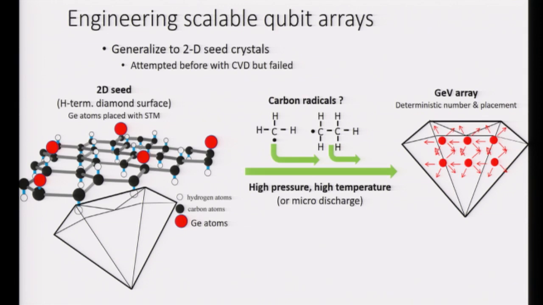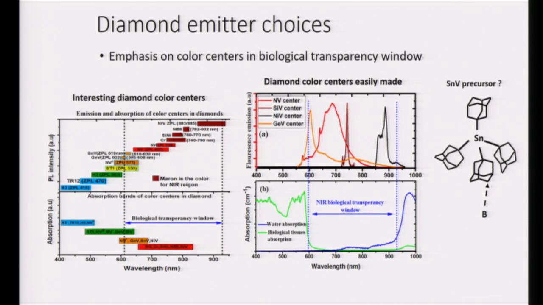Of course, there's lots of choices for diamond emitters. And I told you about tin vacancy. We actually managed to get a hold of this molecule, but we've had trouble with the chemistry, so we haven't grown anything around it yet. We're also trying to get a hold of the silicon-containing molecule. But for the biological, there's a transparency window, and there's lots of interesting color centers in there.